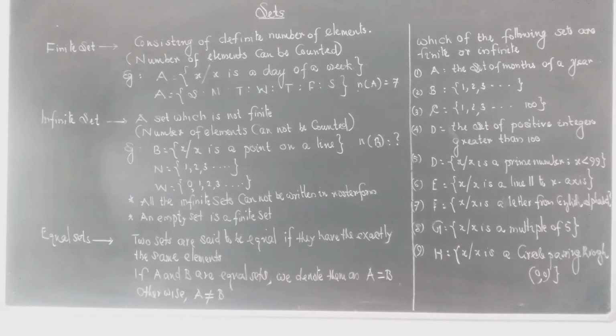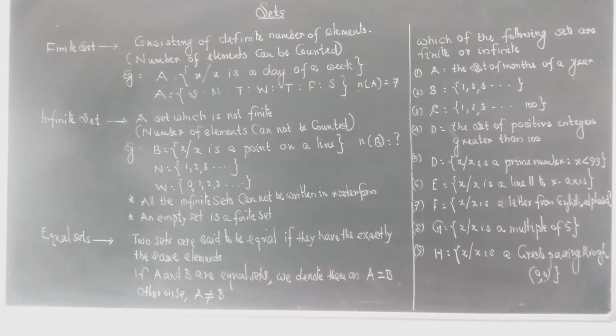The number of students studying in your class. We can easily count up. It can be 30 or 35 or 40 or 45. So there is a fixed number. The same way in a set, the number of elements can be counted and we are able to say how many elements are in that particular set. And if you are able to count it that way, that set is known as a finite set.